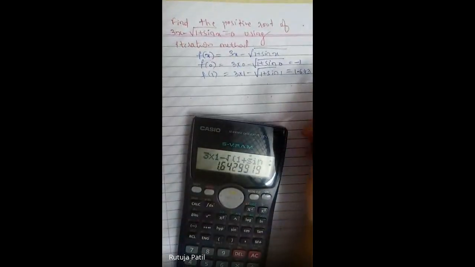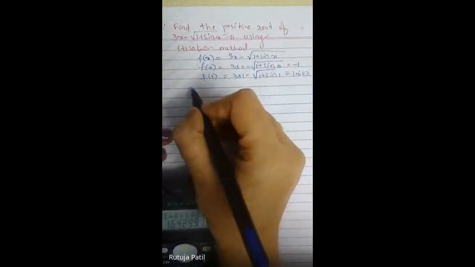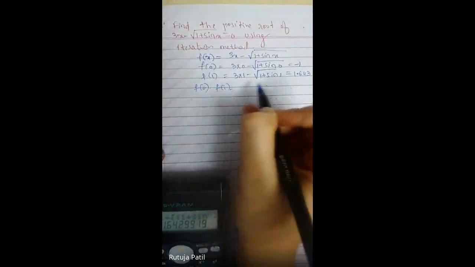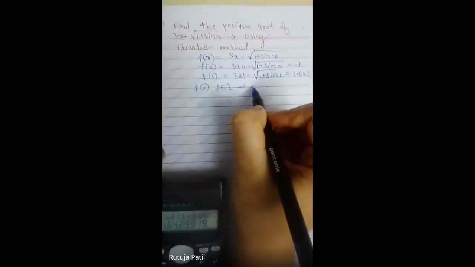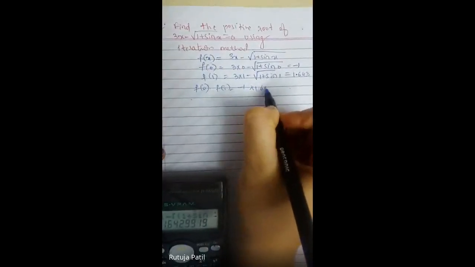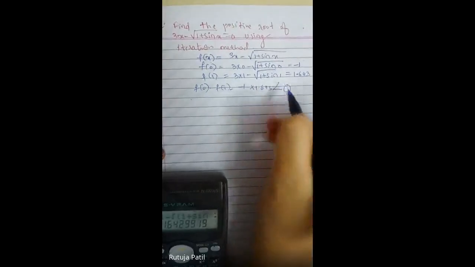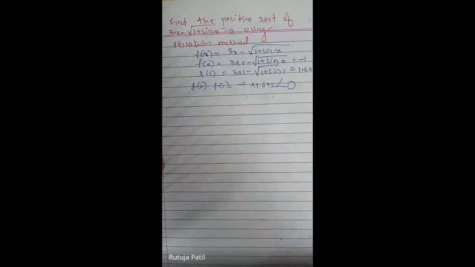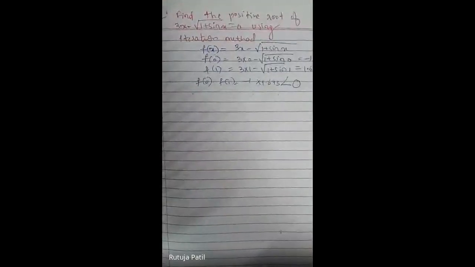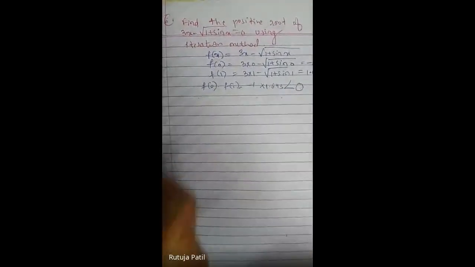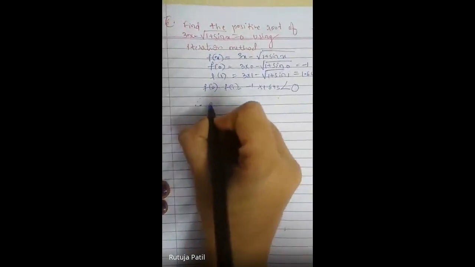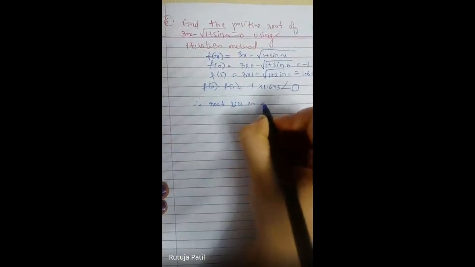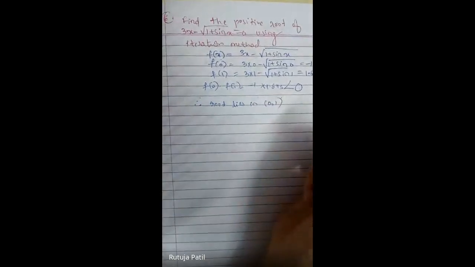Since f of 0 is minus 1 and f of 1 is 1.643, whatever we get on multiplying will be less than 0, because one is positive and the other is negative. Therefore, the root lies in 0, comma 1.